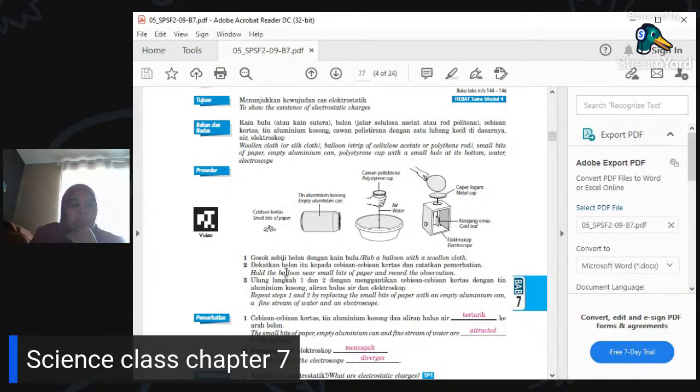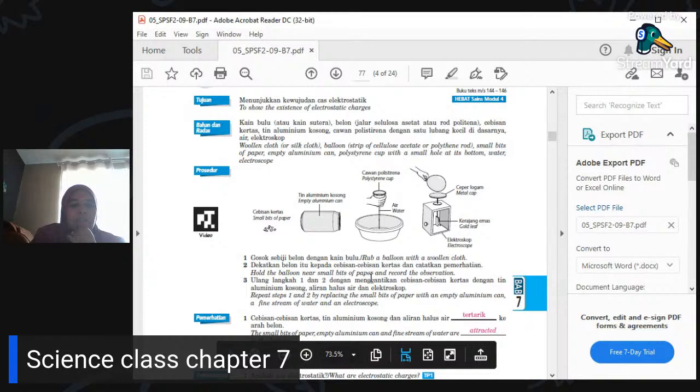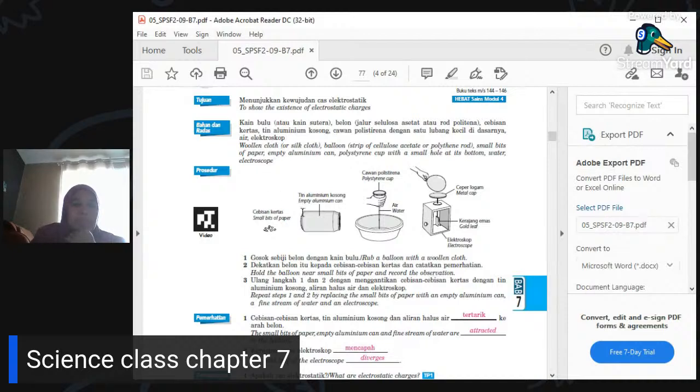Then hold the balloon near small bits of paper, so the paper will go to the balloon. If you put the balloon near the aluminium can, it will move towards the balloon. Same if we put water into a polystyrene cup and put the rubbed balloon near the flow of the water, the water will move towards the balloon.